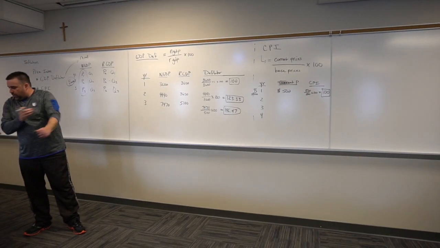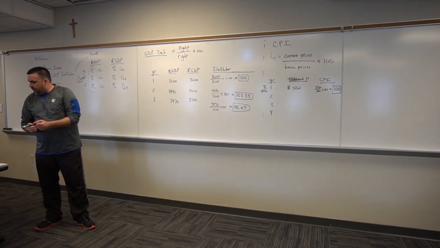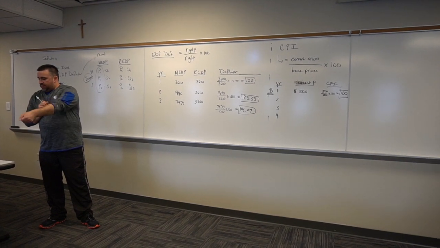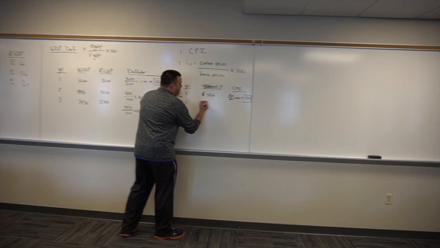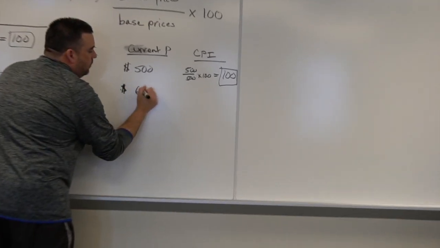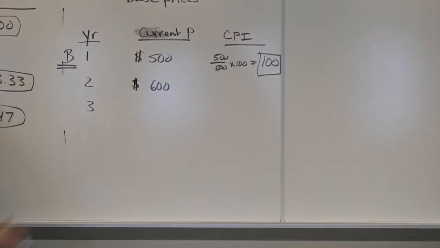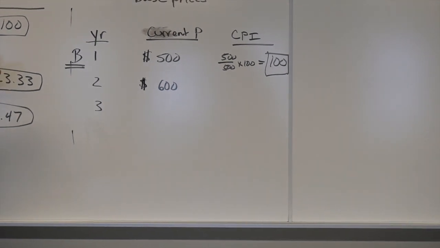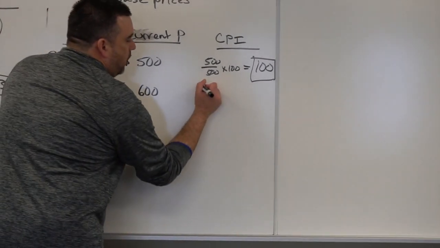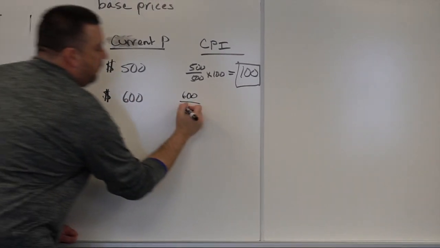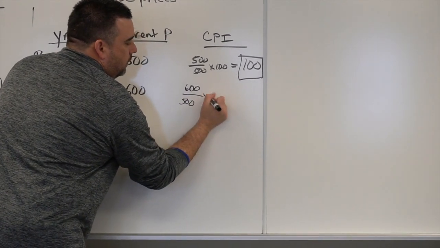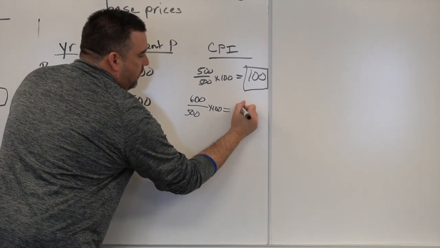Okay, so then let's say that we're in that second month, second year, whatever it is, and I've given you the piece of paper, and you've gone and priced everything out, and our current price in year 2 is 600. I'll only do 3 years here. In this case, I would take my current price, 600, divide it by my base price, 500, times 100, which gives me a value of 120.